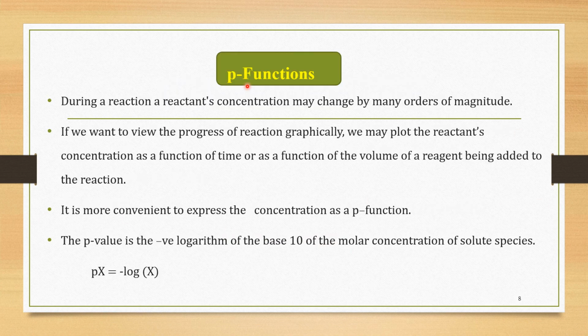The next important method for expressing the concentration of a solution is called the P functions. During a reaction, a reactant's concentration may change by many orders of magnitude. We know very well that in a chemical reaction, its concentration changes with respect to time. So how do we judge this change in concentration? If we want to view the progress of a reaction graphically, we may plot the reactant's concentration as a function of time, or as a function of the volume of a reagent being added to the reaction.